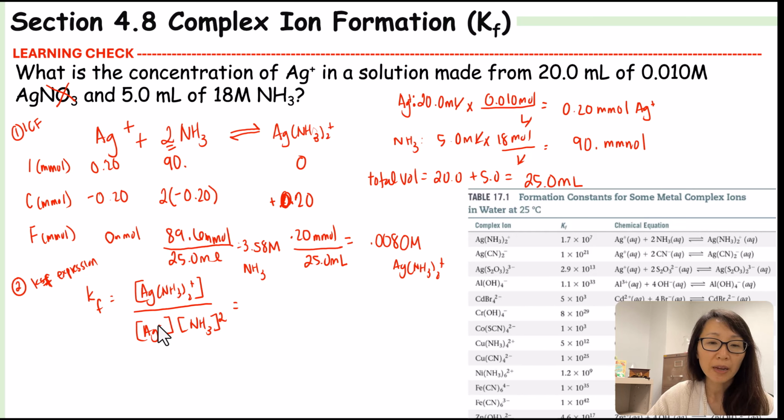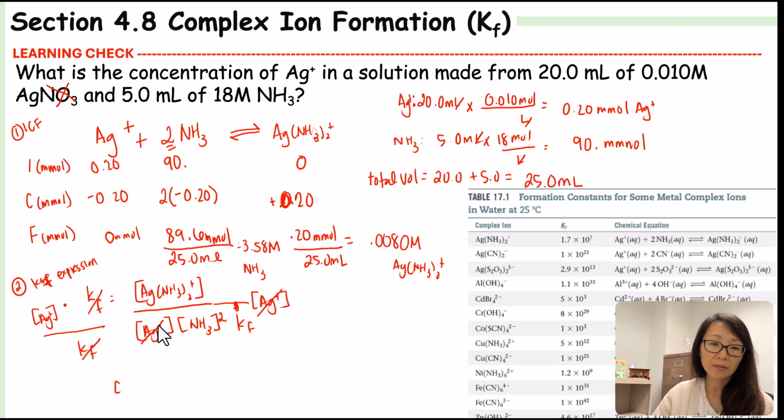So we're going to go ahead and multiply silver on both sides. So that's going to get rid of the silver here. And then I'm going to go ahead and divide by KF. So that's going to go on the bottom here, KF. And that will get rid of the KF here.